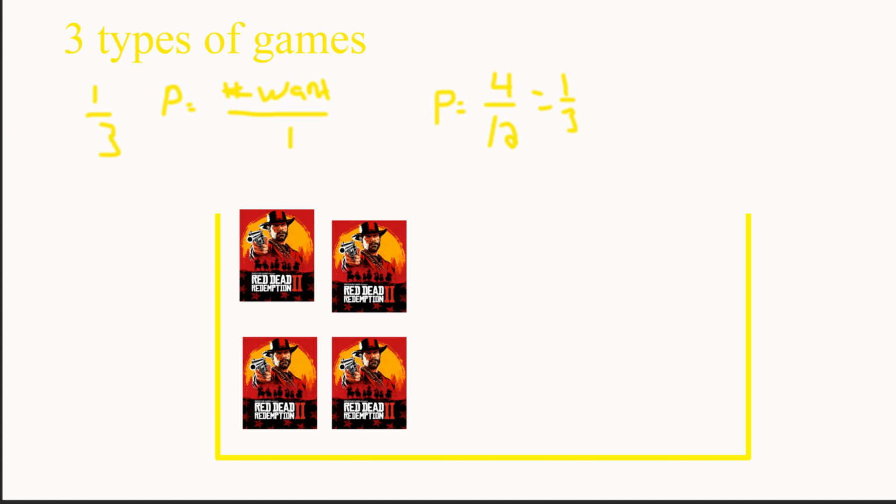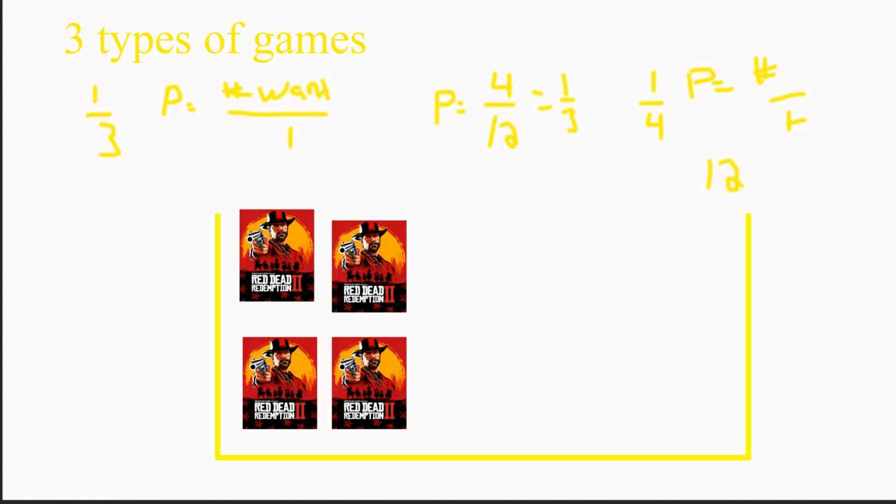The question then informs us that there's a 1/4 probability of selecting GTA. So what do we do with that information? Well, we know the probability is equal to the number we want over the total. We know the total is equal to 12.